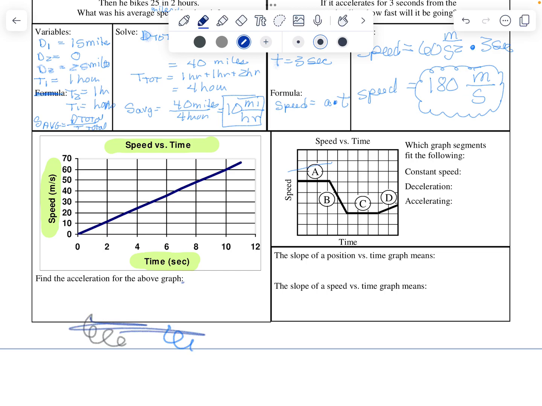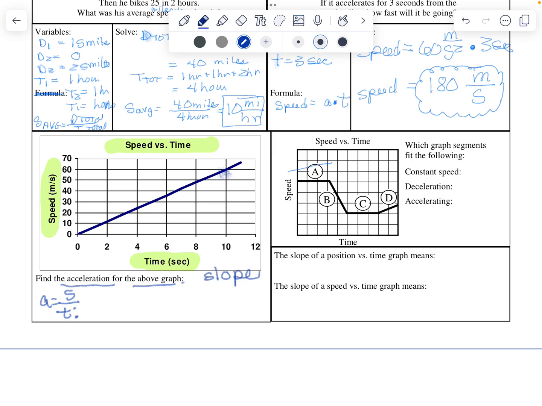See if I can get this to work. Sorry about this every once in a while. This happens. So we're asked in this one to find acceleration. Remember, acceleration equals, we're going to cheat and go speed divided by time. So we're going to find the acceleration for the above graph, and this will equal the slope.